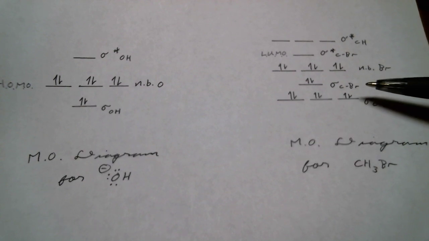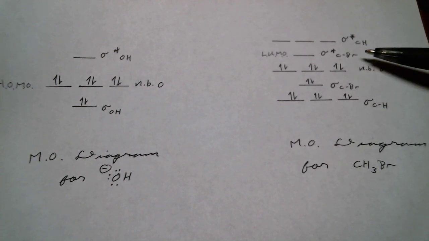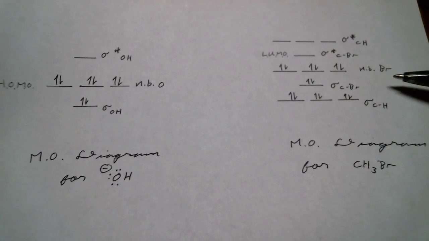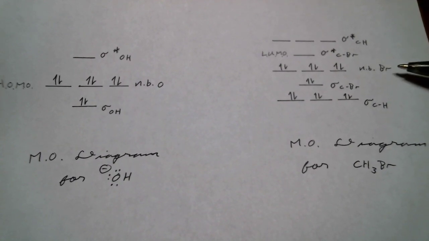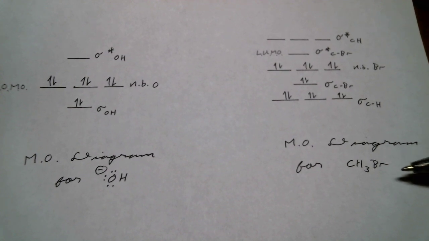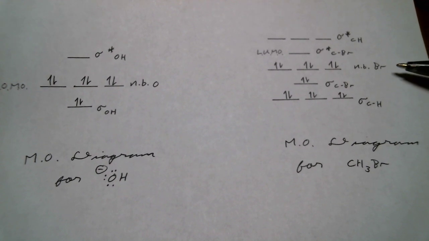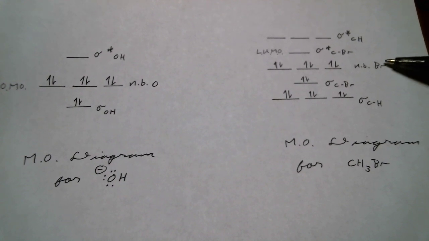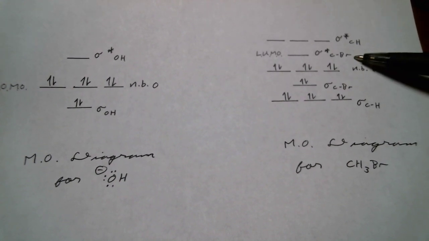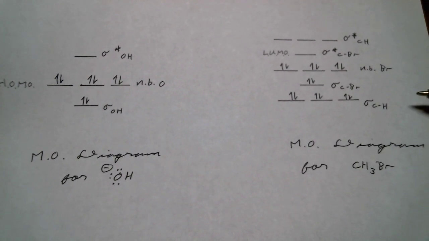And if we have a sigma CBr molecular orbital, we'll have a sigma star CBr molecular orbital. And then, of course, we have 3 lone pairs on bromine, which I have not explicitly drawn, but I know that you know that they are there. And so we put those non-bonding pairs on bromine in the middle between our bonding molecular orbitals and our antibonding molecular orbitals.